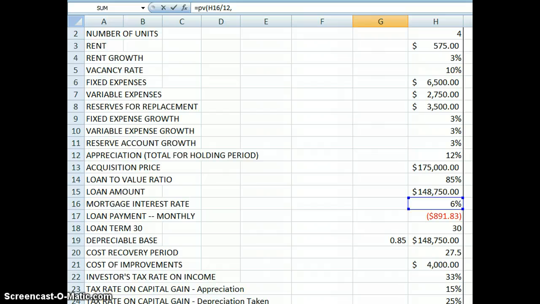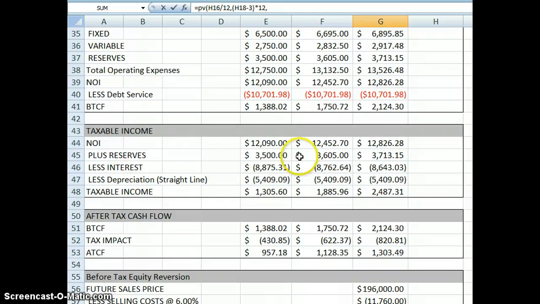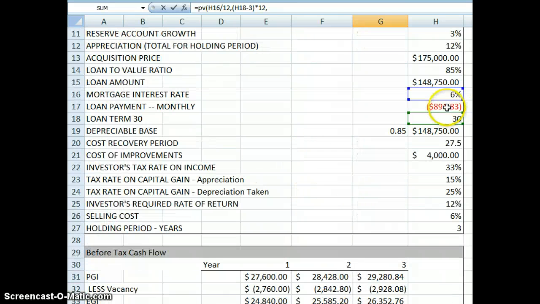Number of periods is actually going to be our 30 minus 3, multiplied by 12. We're taking 3 off because we're going to keep it for 3 years. And then our payment is going to be the $891.